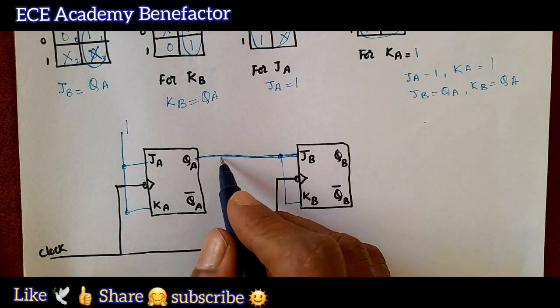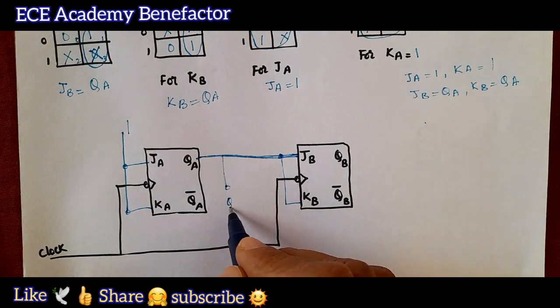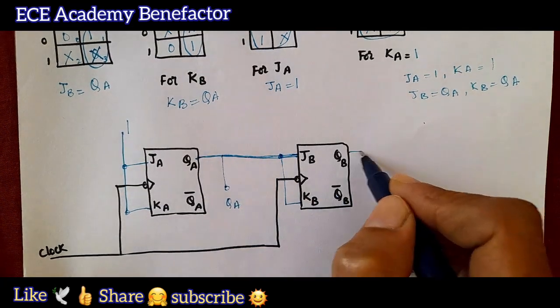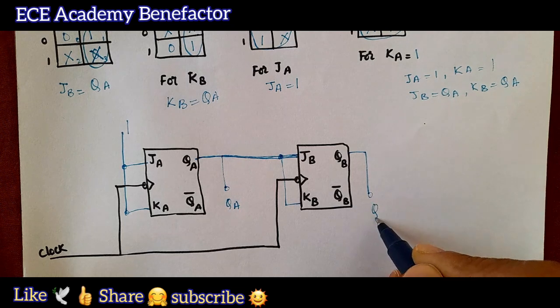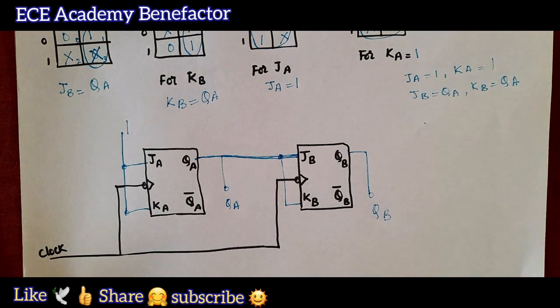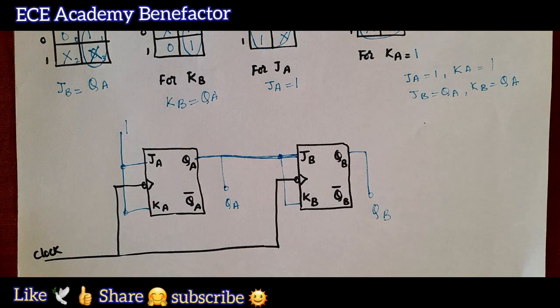So we can take the output from QA and QB. So this is a design of a synchronous counter which is counting the states 0, 1, 2, 3 and after 3 going back to 0.